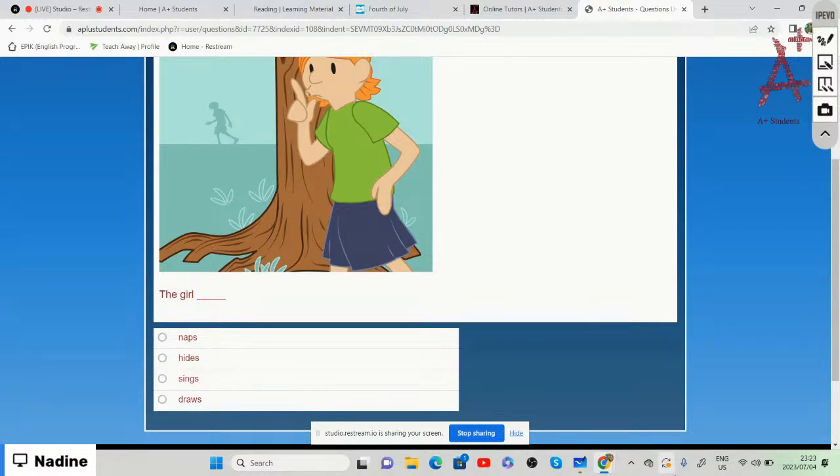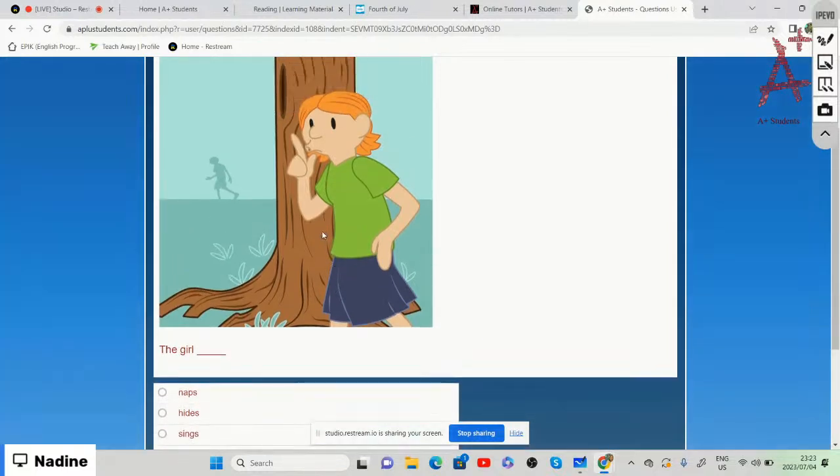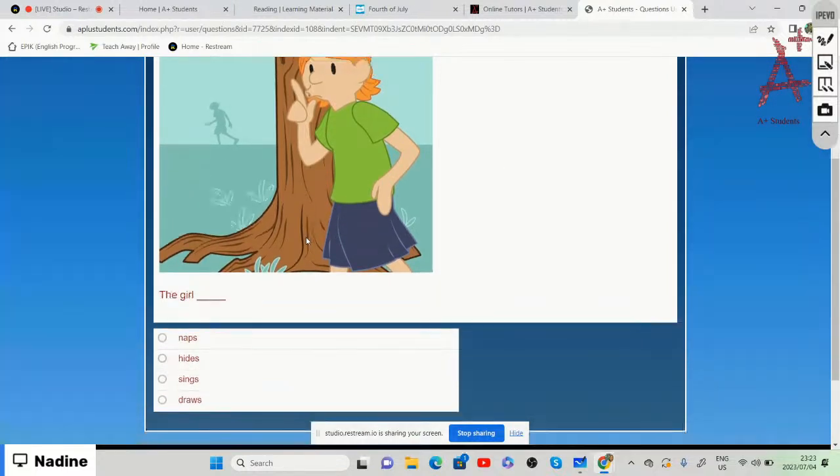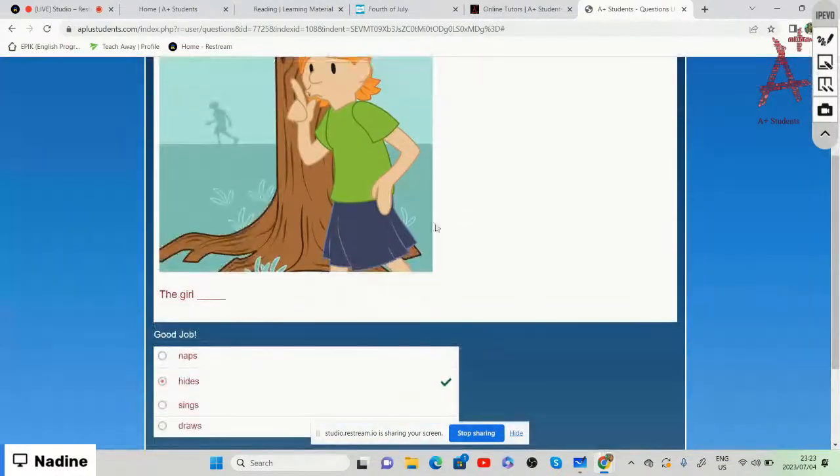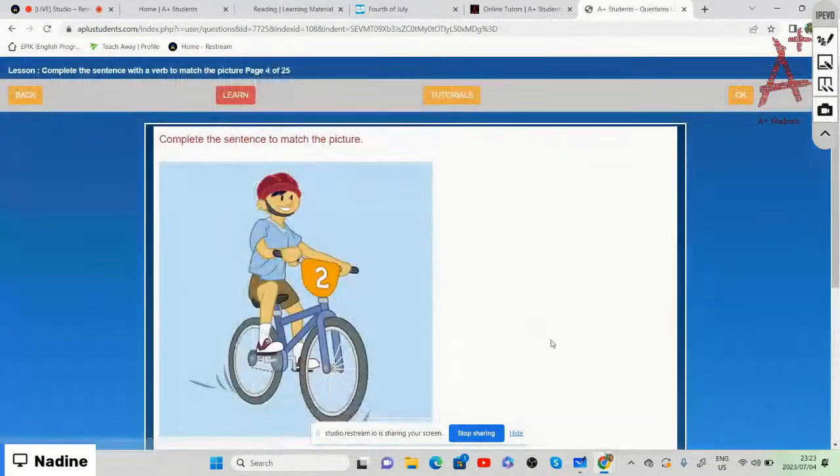What is the girl doing? The girl naps, hides, sings, or draws. If she shows that there needs to be silence and there's somebody in the distance, even behind the tree, then it is showing that she hides. So if you said she hides, then that is correct, right?